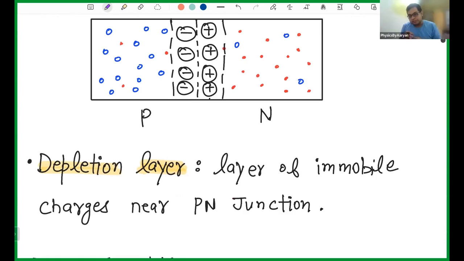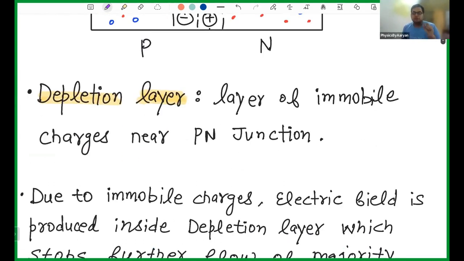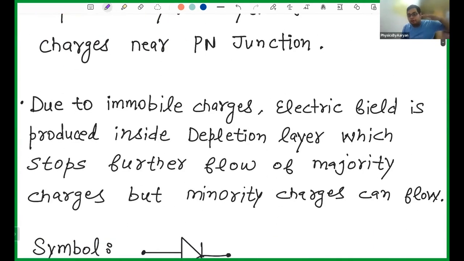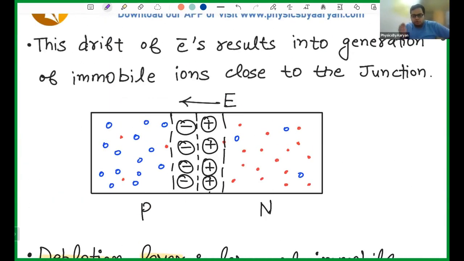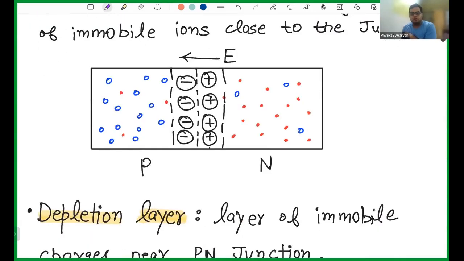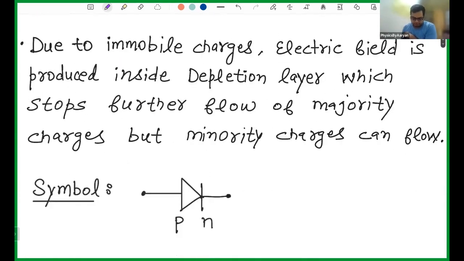The definition of this layer is that this is a layer of immobile ions, meaning ions which cannot move, near the junction. Due to these immobile ions, we have an electric field in the depletion layer, which is stopping more charges from flowing from P to N.